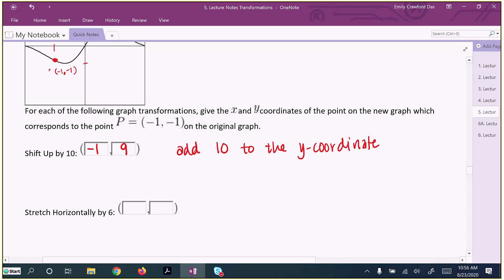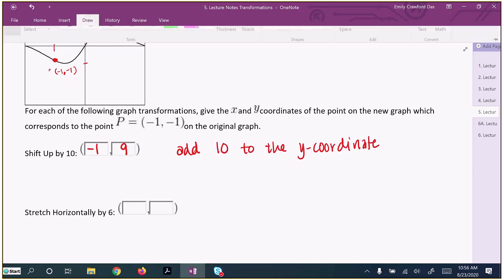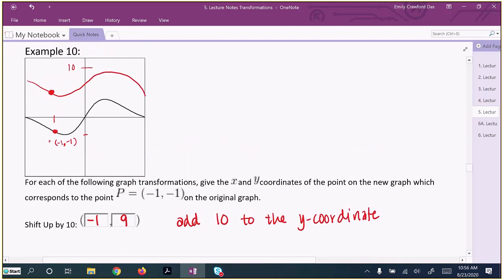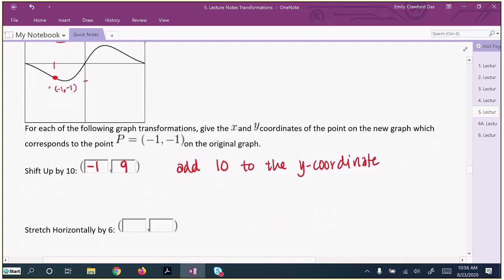Then we're asked to stretch horizontally by 6. So we know that horizontal stretch is affecting our x-coordinate, and because it's stretch or shrink, it's multiplying the x-coordinate. What do I want to multiply with the x-coordinate? Well, again, we know that transformations of the horizontal coordinate are a little bit counterintuitive.